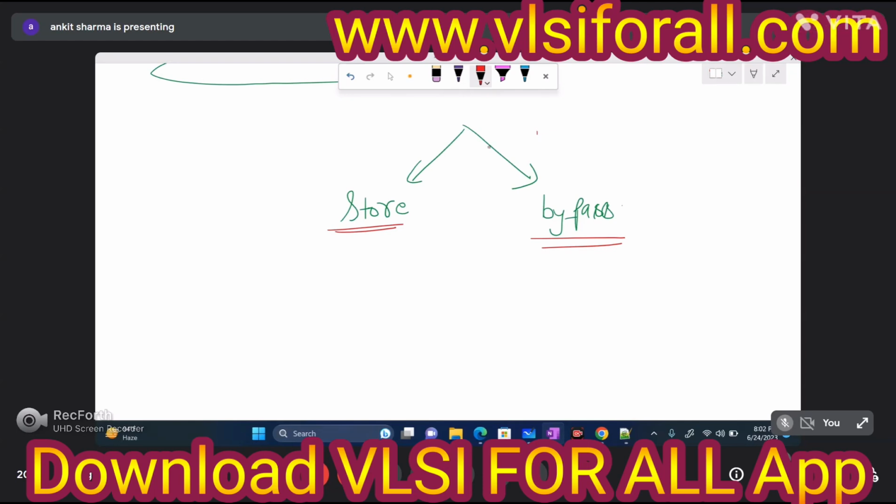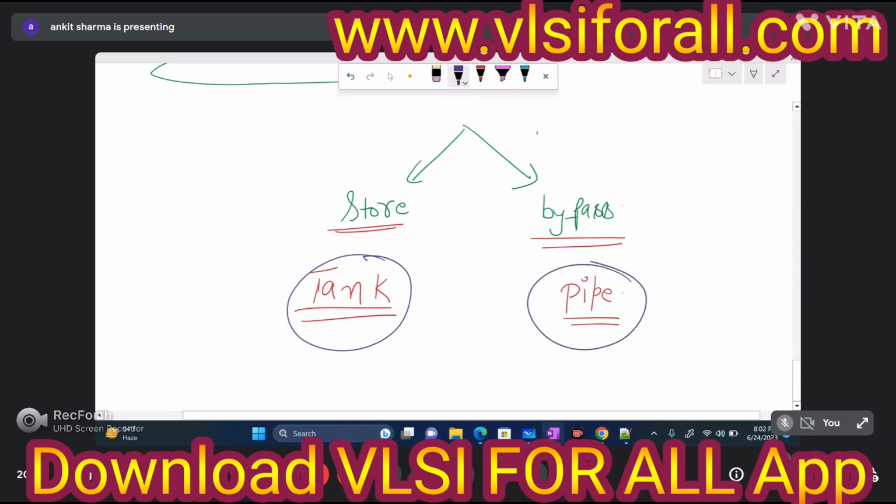So I think you all have visited a petrol pump at least once. A petrol pump has some tank, and a petrol pump has a pipe also. Now try to understand, tank as well as pipe, both are containers and they can contain liquid.